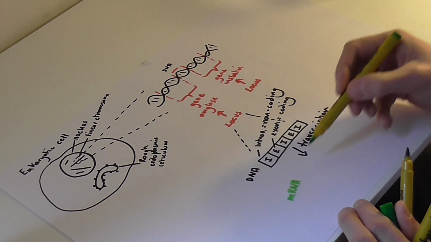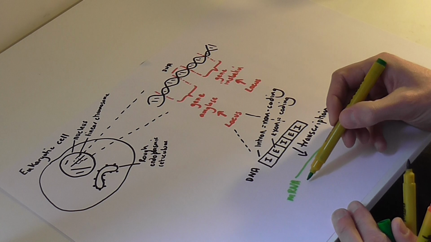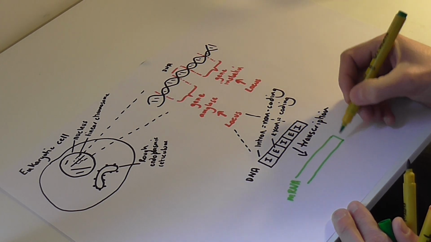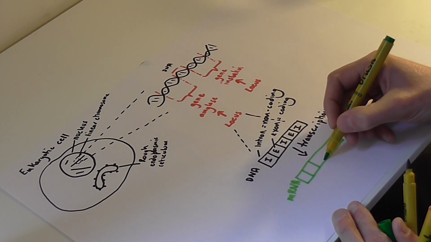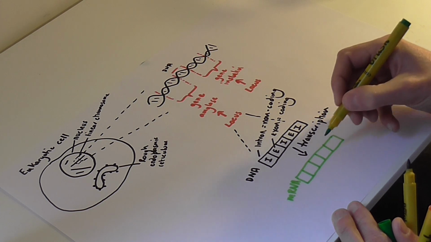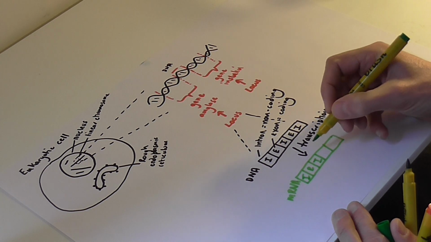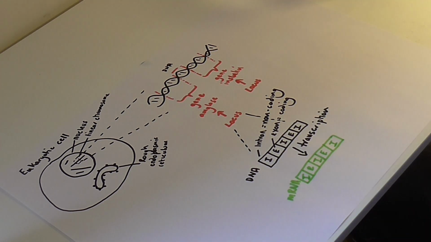In transcription, the whole sequence of the DNA bases is copied. So all of the introns and exons are copied, so coding and non-coding sequences.